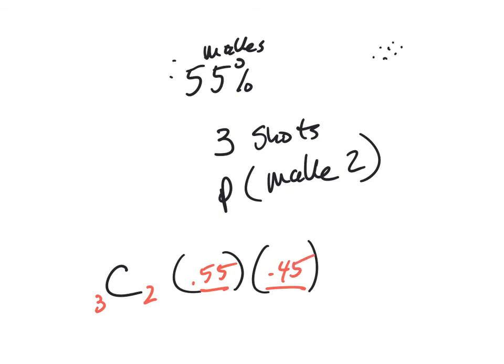You are correct. Nice job. And now let's go with PL. What do you say for our powers? 2 for 0.55. Power of 2, good. And a 1 for the 0.45.